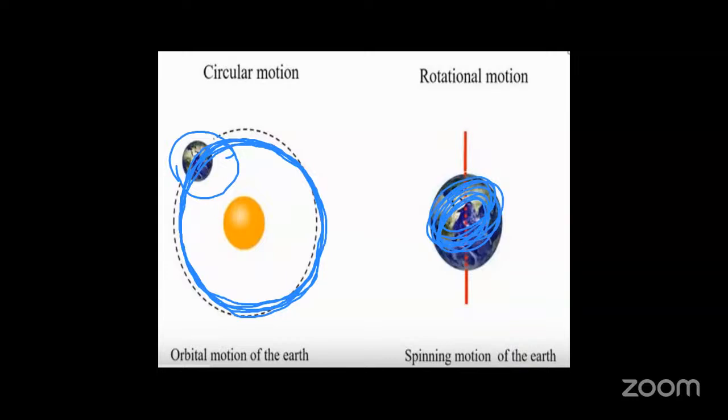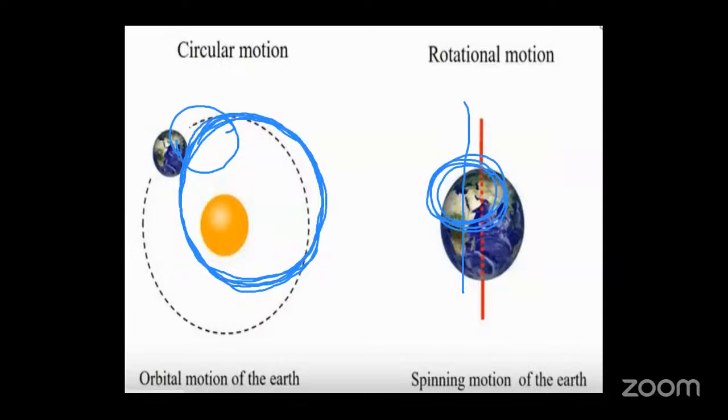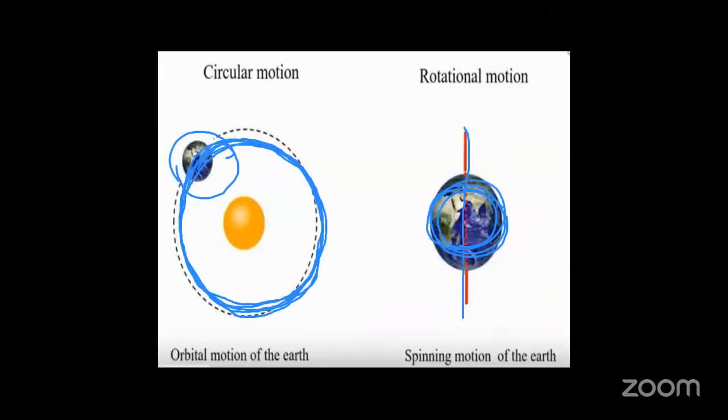So that is why you see this red line. The red line shows the axis of rotation. So the Earth is rotating about its axis and at the same time moving in a circle around the sun. So these are two typical examples of a circular motion and a rotational motion.